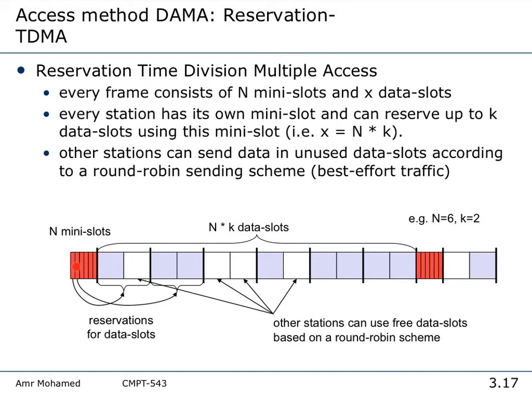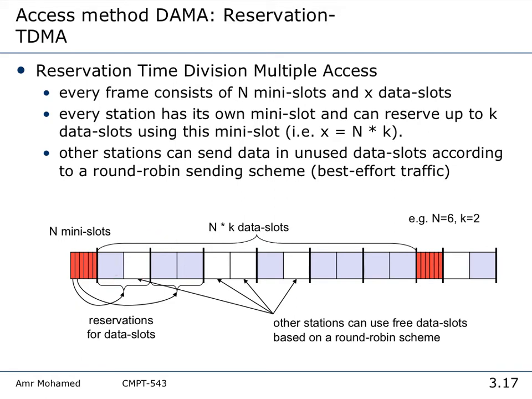When a node sends in the reservation phase here, it sends the number of time slots that it needs. But then I need an access point to tell everyone which time slots are allocated to it, because these time slots may be consecutive or maybe not consecutive.